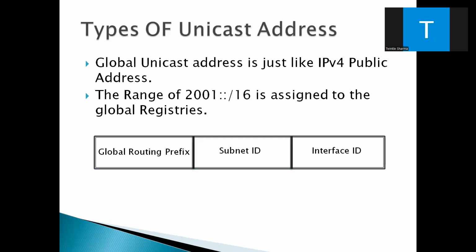Global registries, or we can also say that the global unicast address is similar to the IPv4 public address. This is our network ID. This is our IPv6 anatomy.